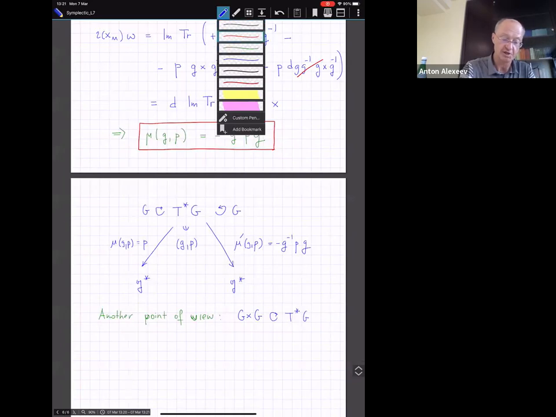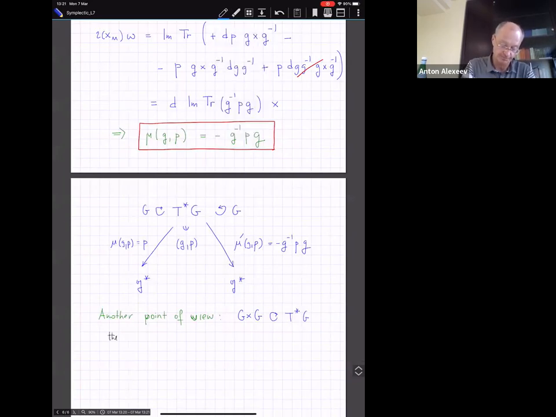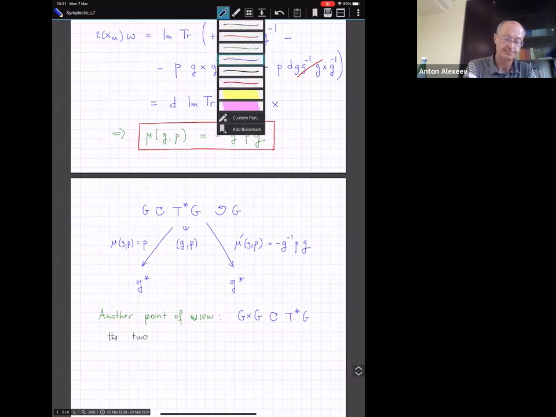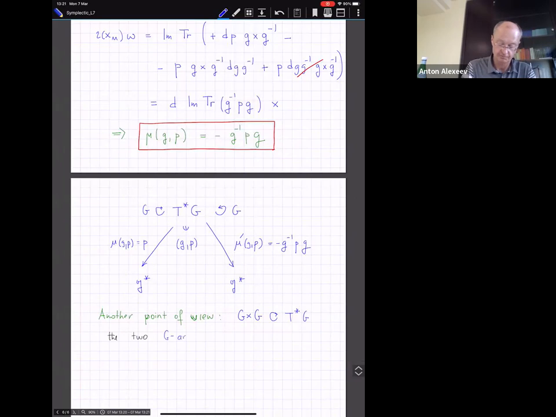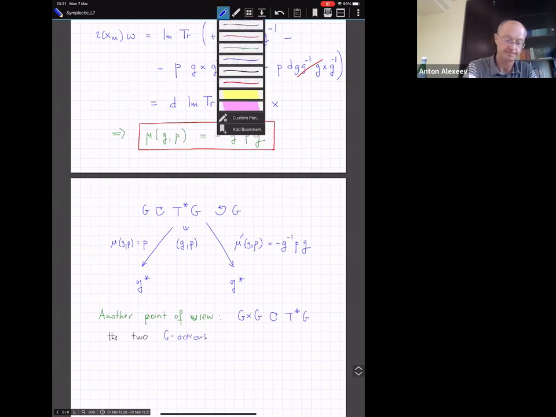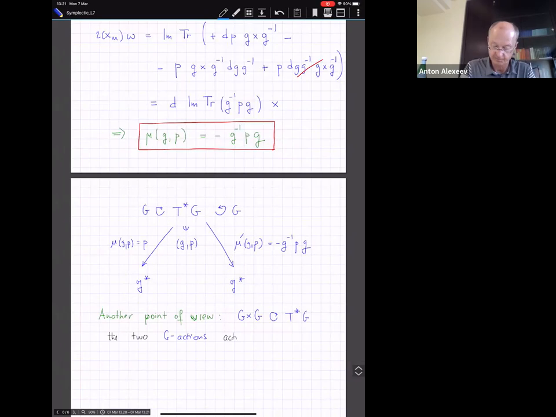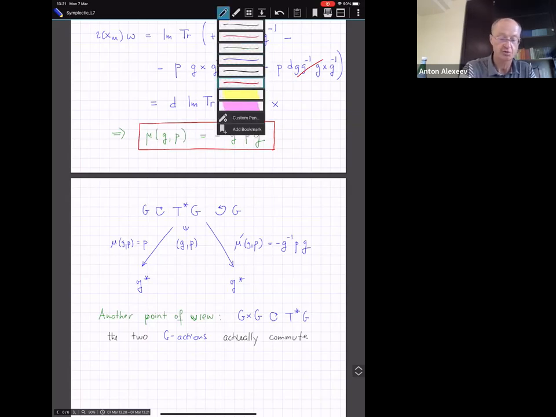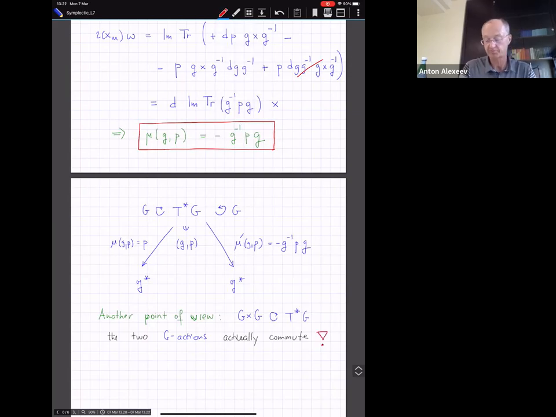So the two actions actually commute. Good. And so you can think that you just have a big group, the direct product of two copies, G cross G, and this group simply acts in a Hamiltonian way.